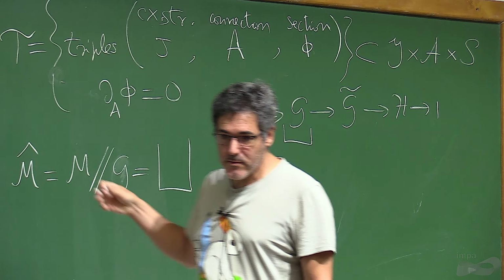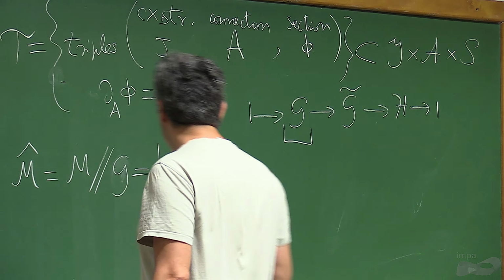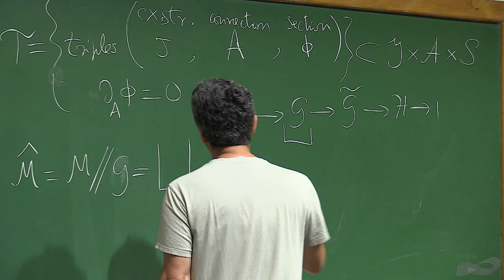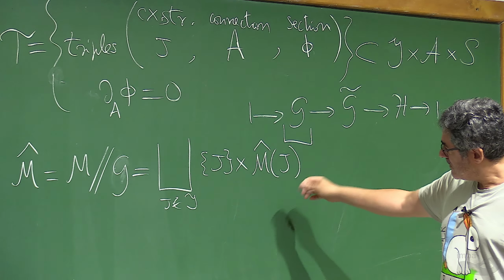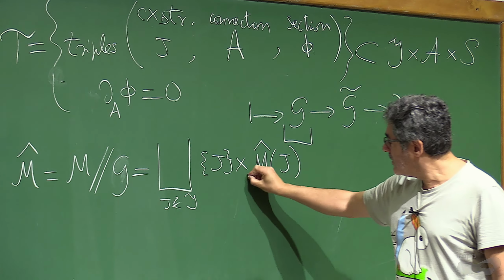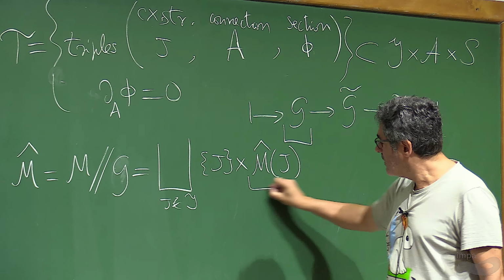This group doesn't act on the complex structures, so it's actually infinite dimensional, but the fibers are just the moduli spaces of vortices for a fixed complex structure J. Okay?